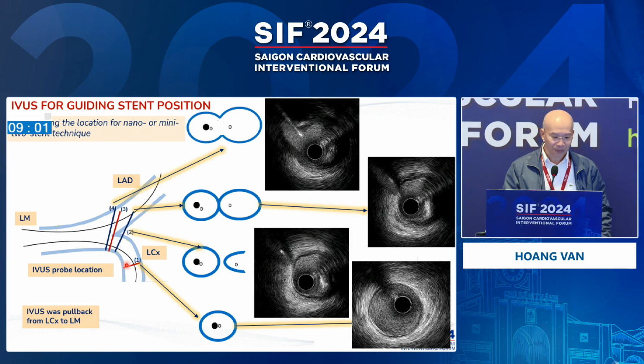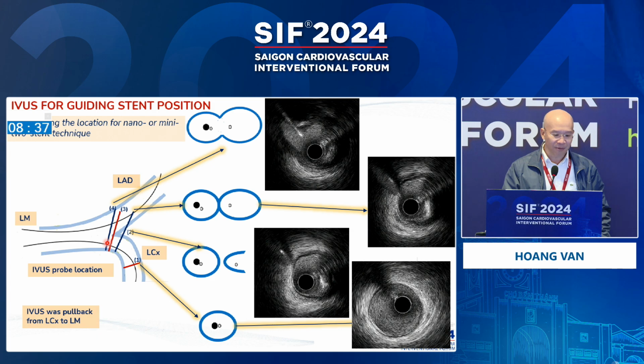In this case, around the bifurcation, you can see three lines. The red line comes over the carina, but that is not a good position for the stent inside the branch because it is not complete coverage of the ostium.